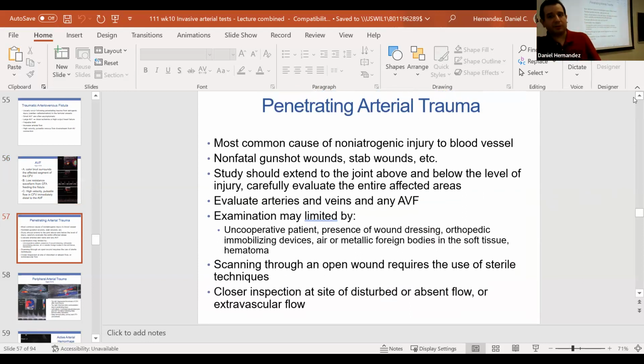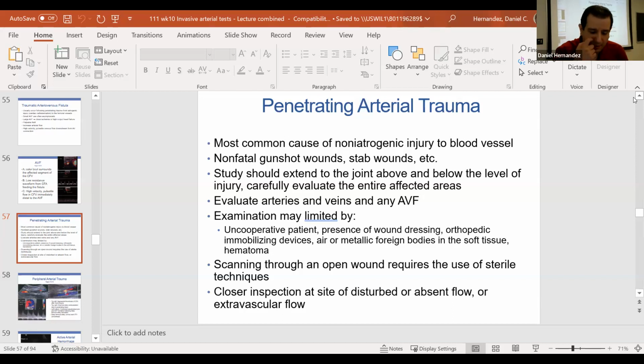Again, if we have penetrating arterial trauma, this could potentially create an arteriovenous fistula. So for scanning patients that have any sort of penetrating injuries, maybe a gunshot wound or stab wound, and they worry about damage to the vessels, we have to ensure that we're utilizing sterile technique, either dressing, probe covers, or sterile gel.